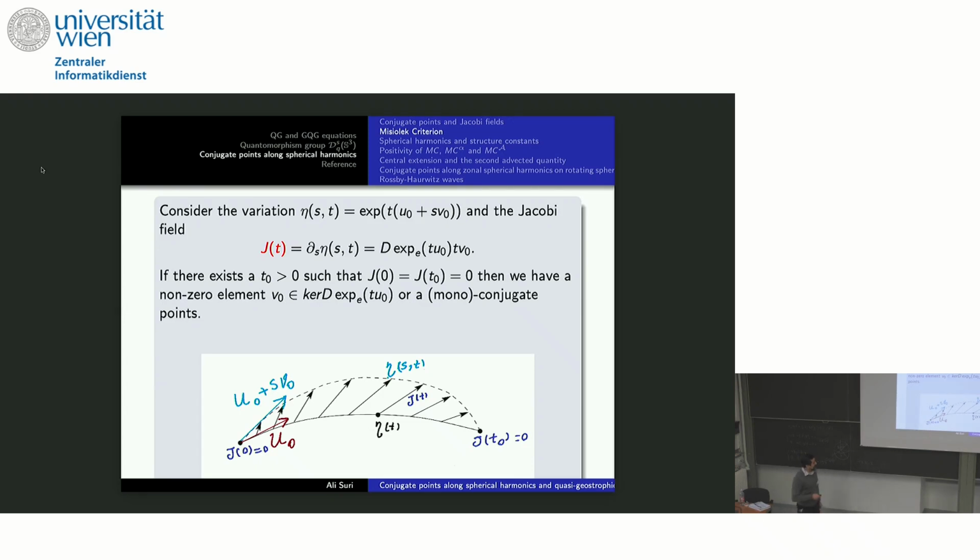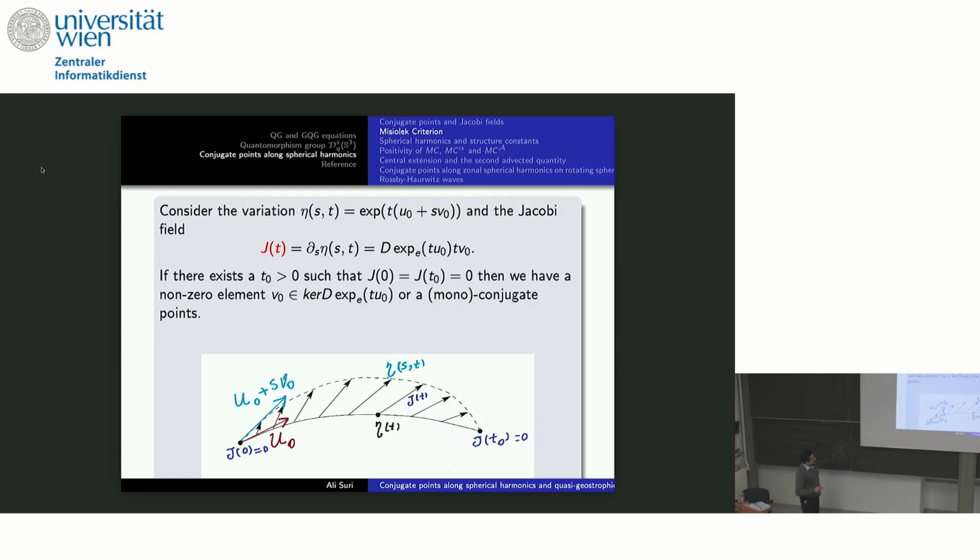Jacobi fields. Suppose that we have some initial velocity u0 and we issue some geodesic eta in the group of diffeomorphisms. Let's perturb this initial condition a little bit and just issue another geodesic.